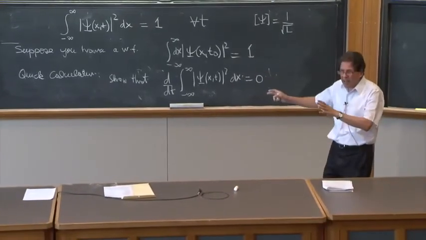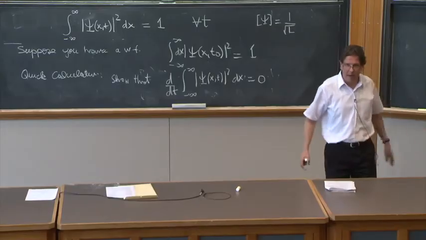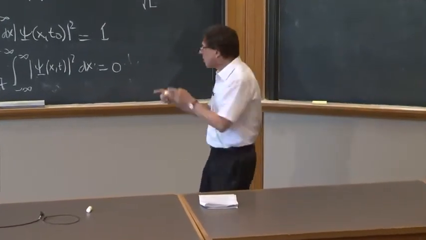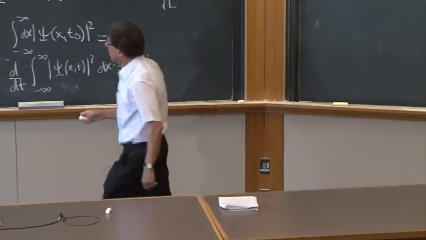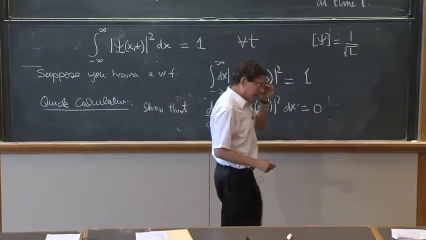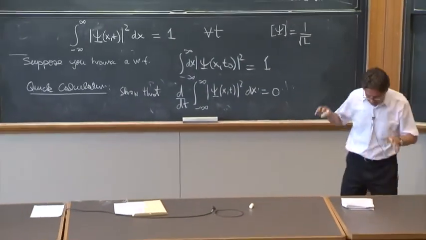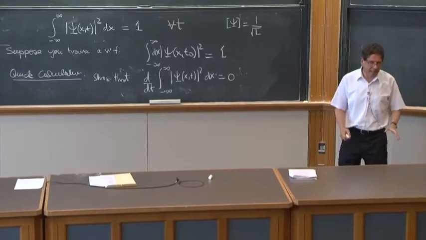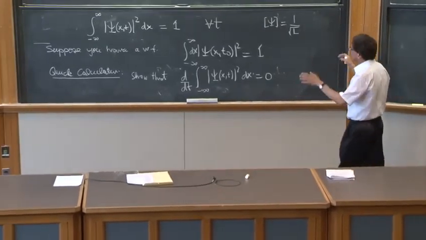Now this, I think you've done one way or another, several ways maybe in 8.04. But I ask you to do it again. So this is left for you as a way to warm up on the subject. And you will see actually that it's a little subtle. It's a little delicate, because how is it going to go?